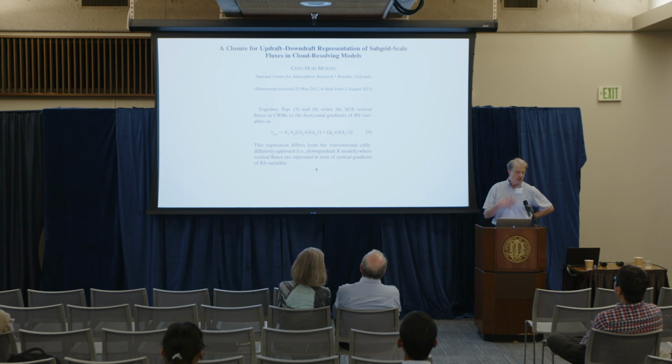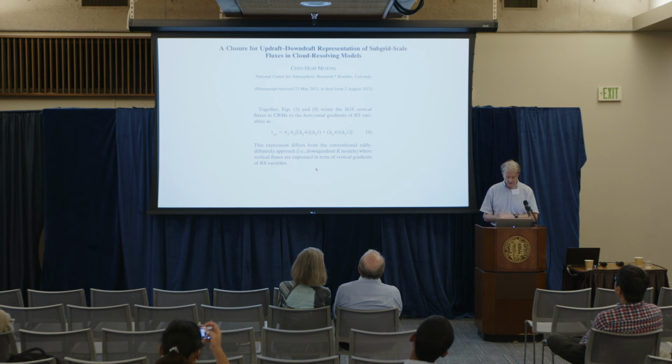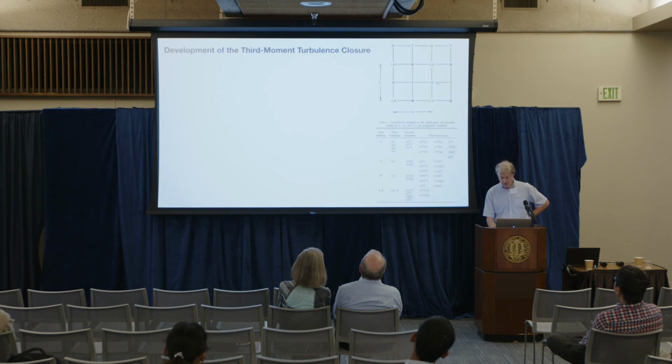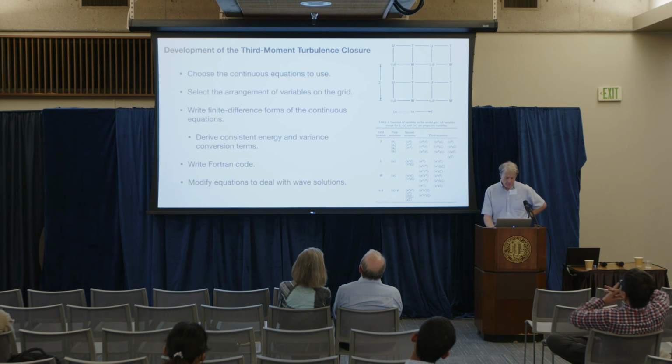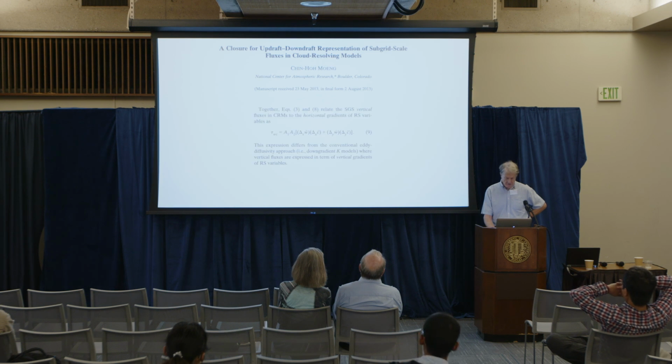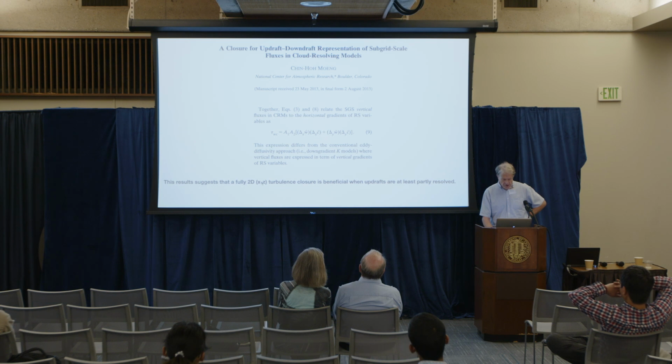And typically, in a lot of boundary layer models, you don't look at the horizontal gradients, but you need to. I'm putting this in because it is further motivation for the fact that we did a fully two-dimensional turbulence closure. And I'm going to show you some results later that might be good because of this. I'm not sure yet, but anyway. This suggests that the fully 2D turbulence closure is beneficial when updrafts are at least partly resolved.